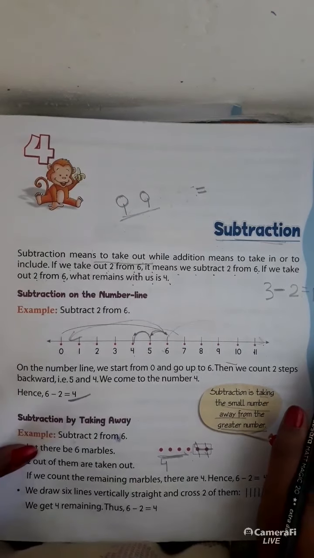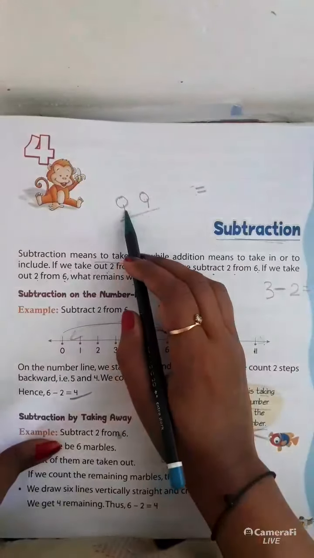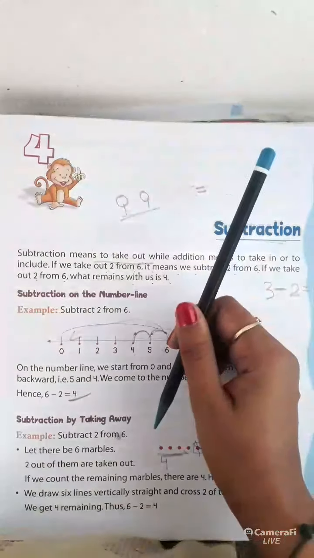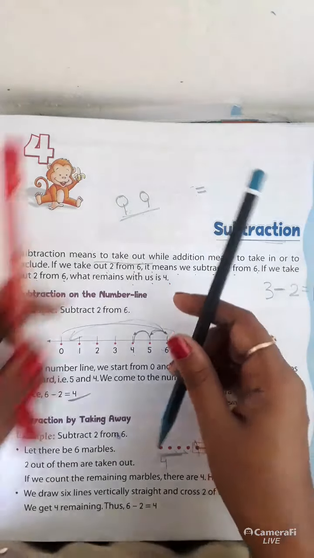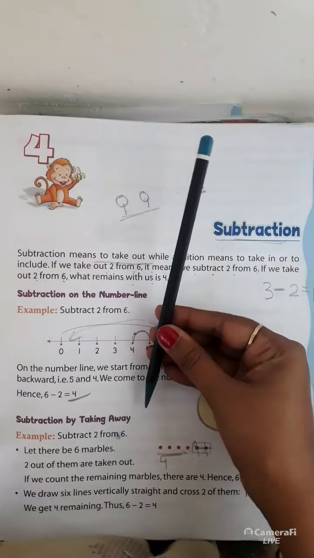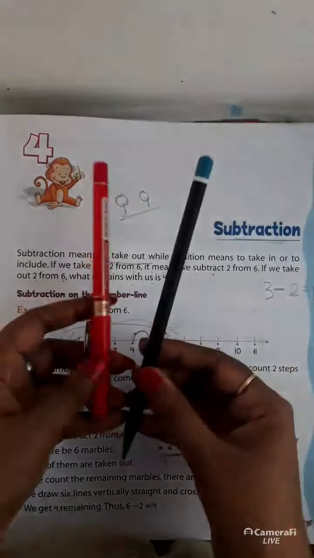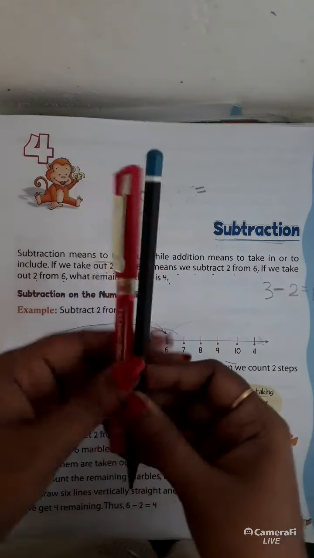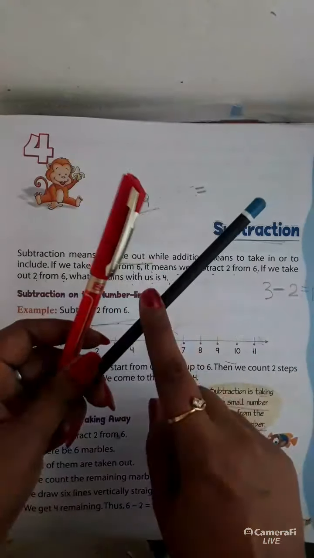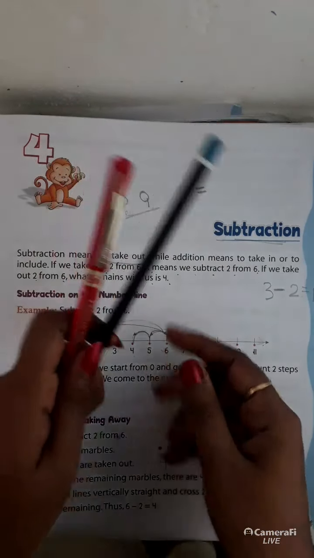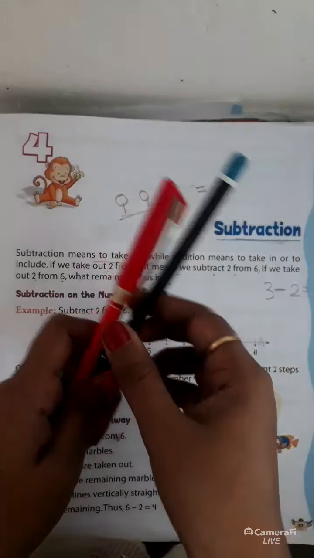Subtraction. We have learned so far that when we add, suppose I am having one pencil of black color and my friend gives me one more pen. So 1 plus 1 means now I am having 2, one pencil and one pen.